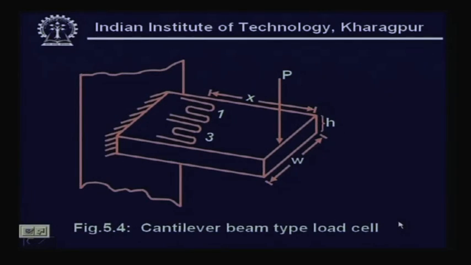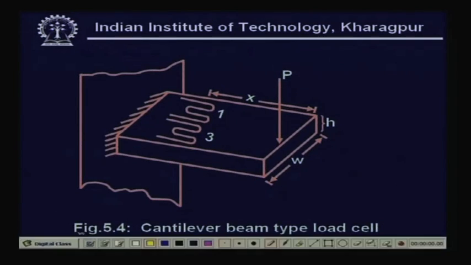Now, cantilever beam type load cell, you see that this is actually a cantilever, and we have applied a force P, right. So, it looks like this previously, now it will bend like this, is it not. It appears, you see, if I apply the load P here, this side is bending more, that free end, this is a fixed end.